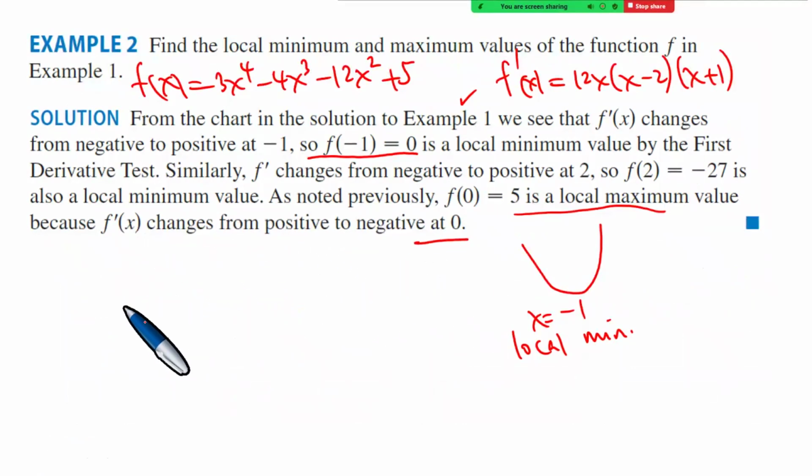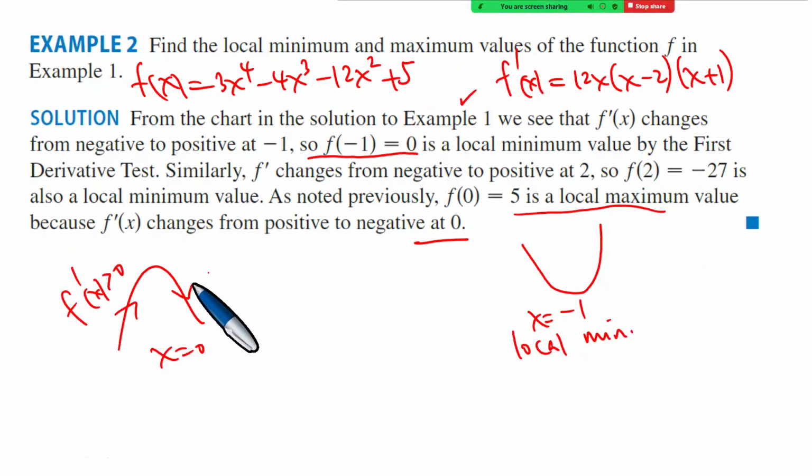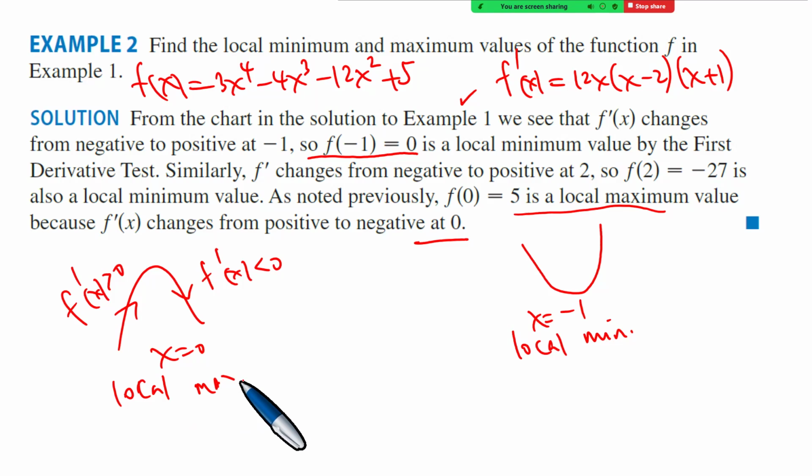In other words, at x equal to 0, f prime is positive, then f prime is negative, and therefore because of this we have a local max. And now, f prime changes from negative to positive at 2, so let's check what is happening at 2.